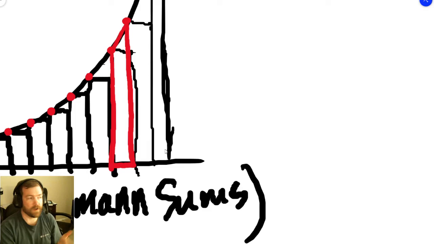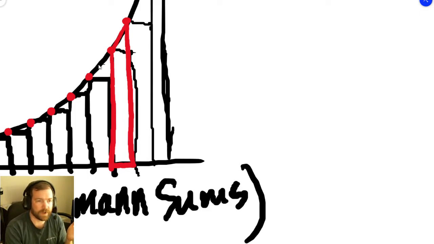Trapezoids are much better for figuring out the area under this curve, because we draw a straight line from any one point to any other point here, which gives us better approximations. Not 100%, but pretty decent.